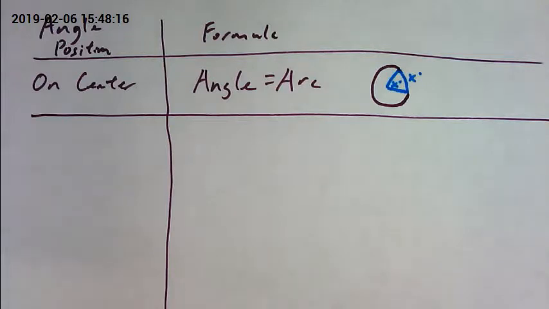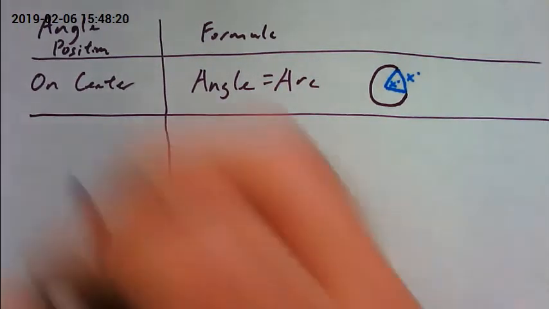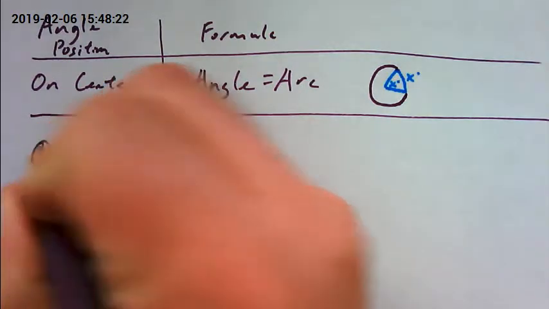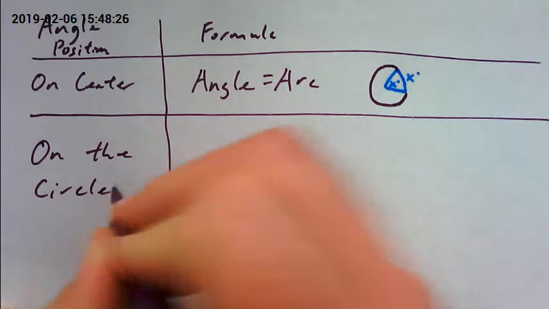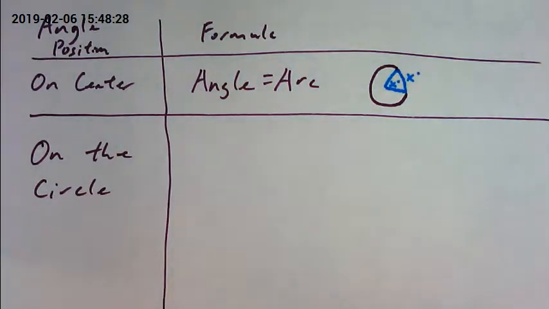Then the second one that you have to deal with is when you have an angle on the circle. If the vertex of the angle is on the circle, then the angle is going to be what compared to its intercepted arc? Half.